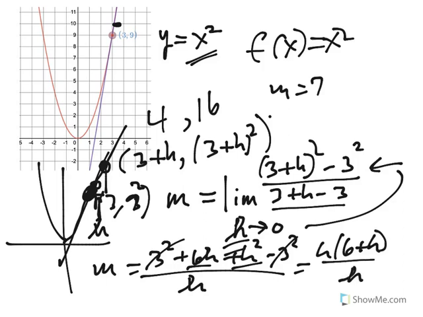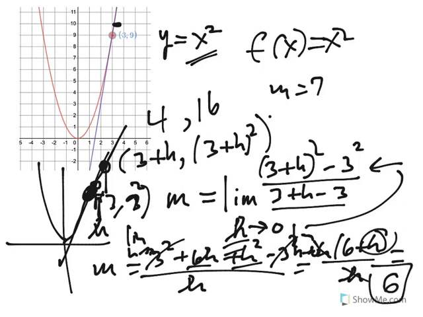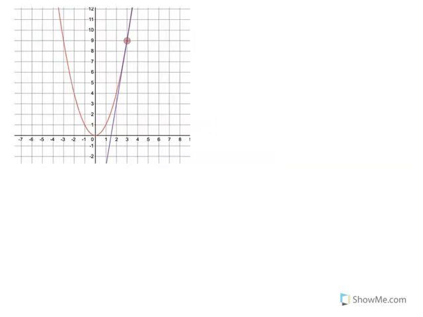This is still, by the way, limit as h goes to 0. Here also, limit as h goes to 0. It's annoying to have to keep writing that. The h's cancel out, and now you could actually plug 0 in for this h, and you get 6, which is the slope of that line segment.